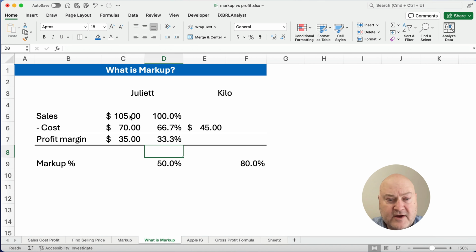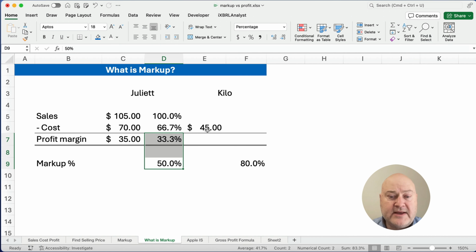One is always the profit divided by the cost, and one is the profit divided by the sales. So if we do it divided by the cost, which is the smaller number, our markup is always going to be larger than the profit margin. So markup and margin are the same concept, except one is divided by the sales and one is divided by the cost.